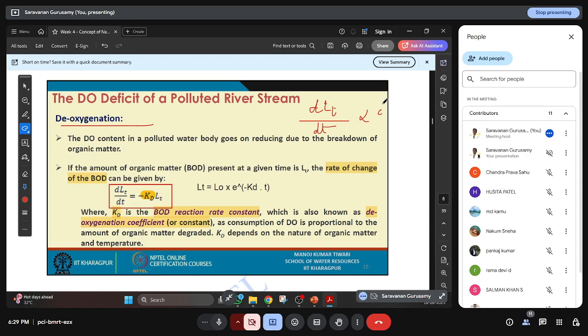So this KD is the rate of reduction of oxygen. That's called the deoxygenation constant. If you integrate this, you can find the equation: Lt equal to L naught into e power minus KDt. KD is the deoxygenation constant, or the BOD reaction rate constant.